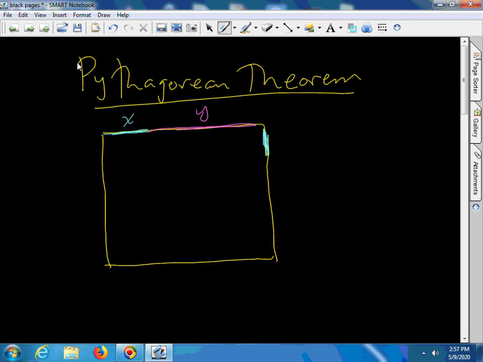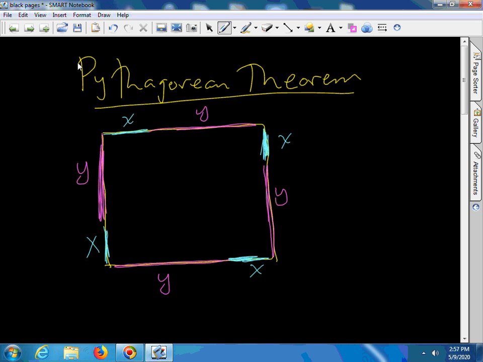Short piece first, x, longer piece is y. Short piece, and then the longer piece. x units, y units.